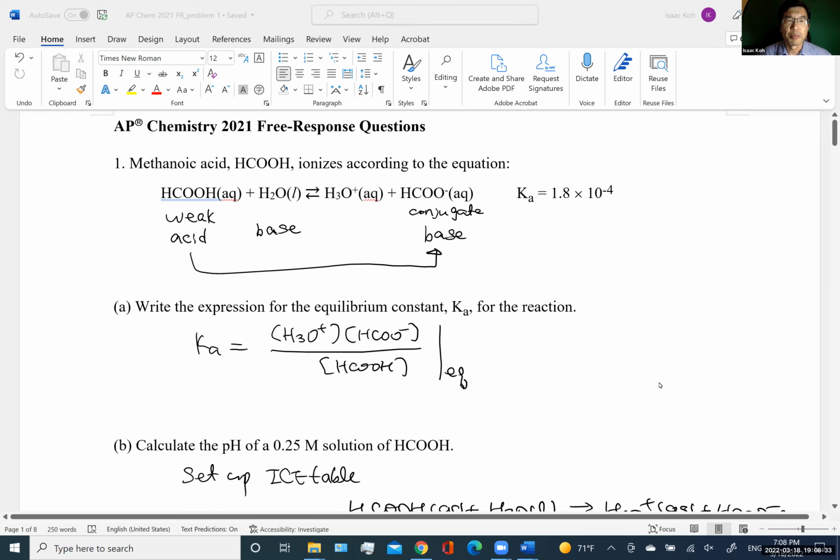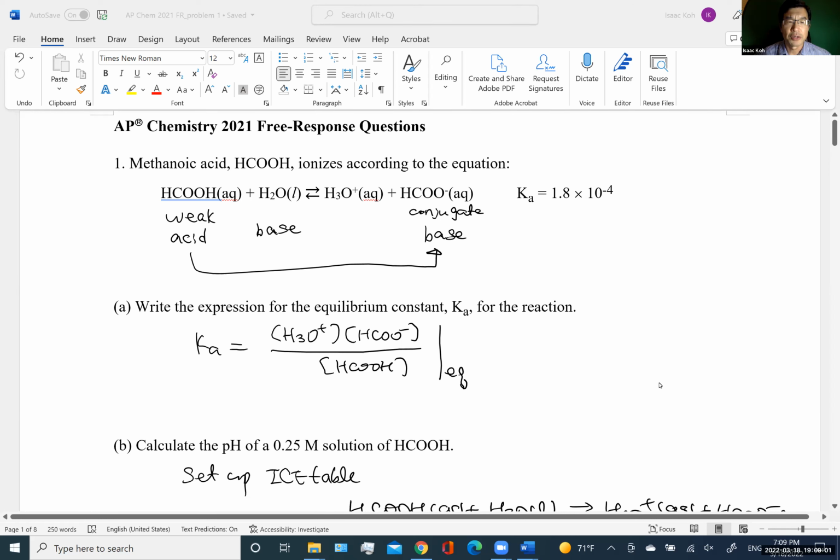Then a small percentage of methanoic acid, this is a weak acid, will be dissociated in water, producing hydronium ion and the conjugate base of methanoic acid, methanoate ion, and the equilibrium constant Ka is given as 1.8 times 10 to the negative 4th power.